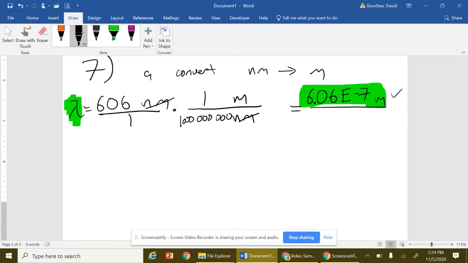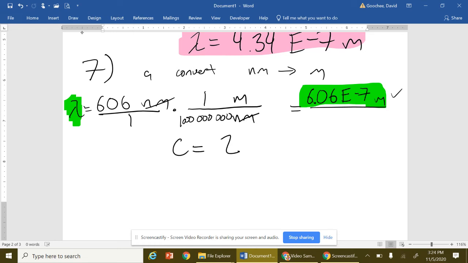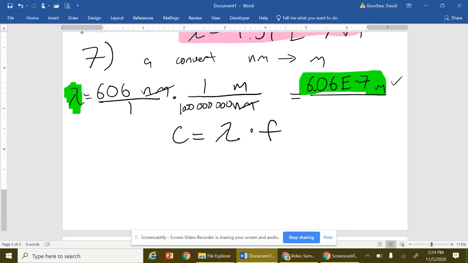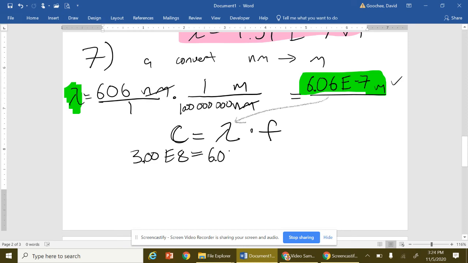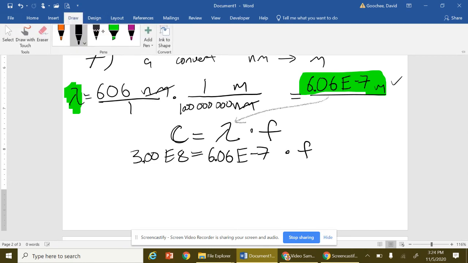Okay. Now we're going to go to the speed of light equals the wavelength times the frequency. Once again, speed of light, c, is a constant. It's always 3 times 10 to the 8th meters per second. That's equal to the wavelength, which is, as we just calculated, 6.06 times 10 to the negative 7th, times the frequency.